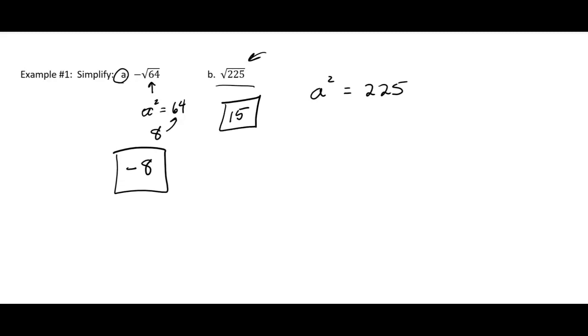Sometimes I have students who love the square root sign, and they want to keep making that. But no, once I take the square root of 225, it is 15, just plain 15. Because if I take 15 times 15, well, it better be 225. Yeah, it's going to be 225, right?